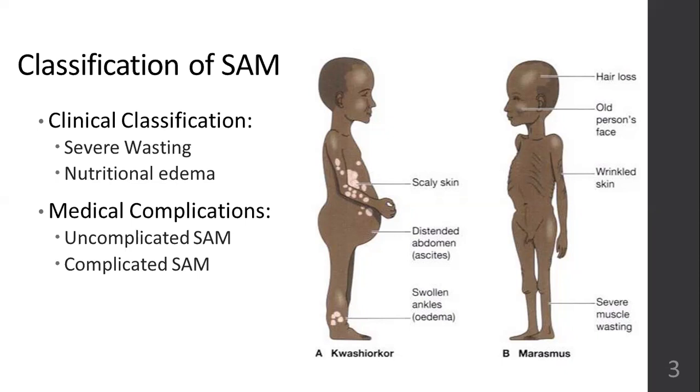The child has to be admitted. Usually, for the first few days the child will be in the pediatric ICU, and after the initial treatment, slowly the child will be moved to a general ward, observed for a few weeks, and then discharged. So that is complicated severe acute malnutrition.